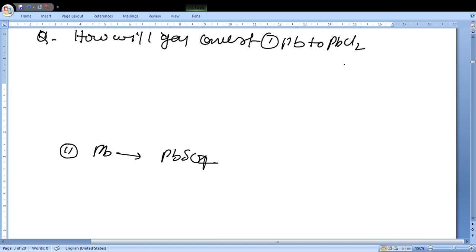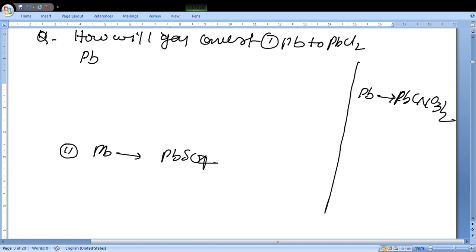So how to convert? We need to dissolve Pb. How to dissolve it? This Pb will be dissolved only when it is converted into Pb(NO3)2. This is because metal nitrates are soluble in water without any exception.